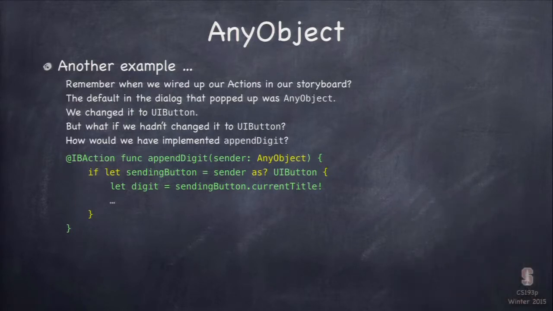Now you might ask, why is that even in any object? When I control dragged, why didn't it just put UI button? Why did it even offer any object? Well, because you could have an action that is sent by two different kinds of UI elements. Maybe it's sent by a button and also by a slider. I couldn't even think of an example of that, but you possibly could. It is theoretically possible. And in that case, the sender would be any object, and you would have to say, if the sender is a slider, then do one thing.